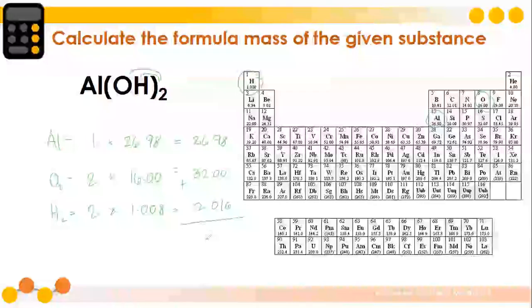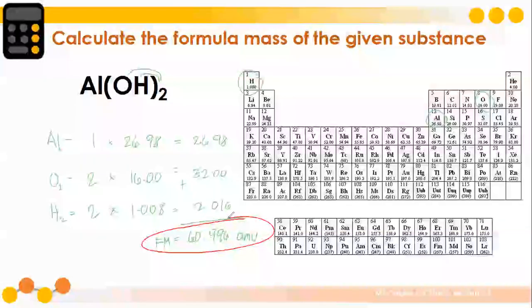What will be our final answer? Our final answer will be 60.996. And then for the unit of measurement, it should be AMU, or atomic mass unit. So this is now our final answer, or our formula mass for aluminum hydroxide.